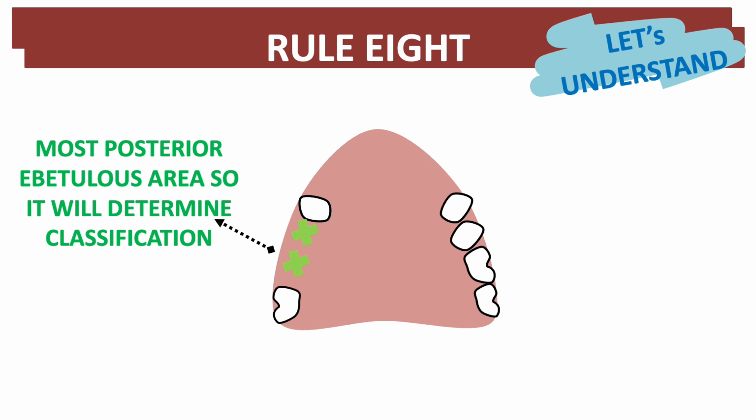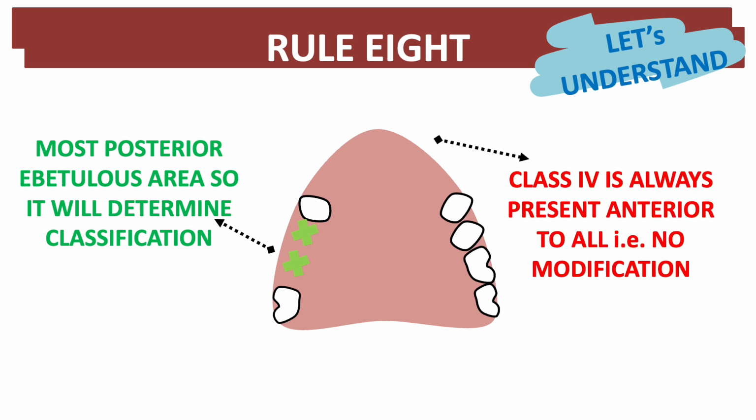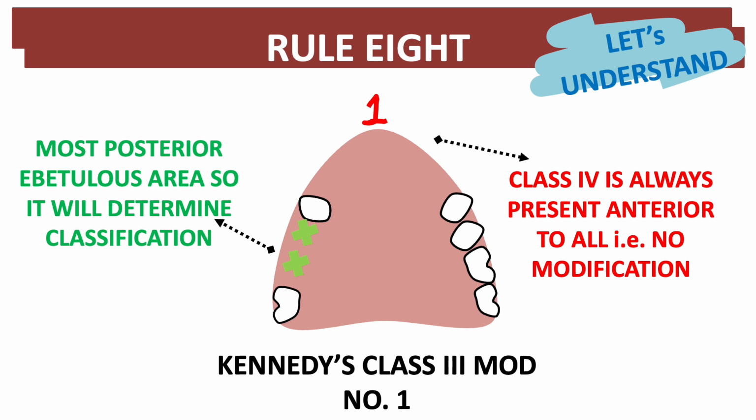But in the anterior, we have a class 4, which is always present anterior to all the dentition, and that is why there is no modification of Kennedy's class 4, because it always remains anterior, and the classification will be decided by the posterior-most edentulous area. So this is considered a modification space. Now the classification is Kennedy's class 3 modification number 1.